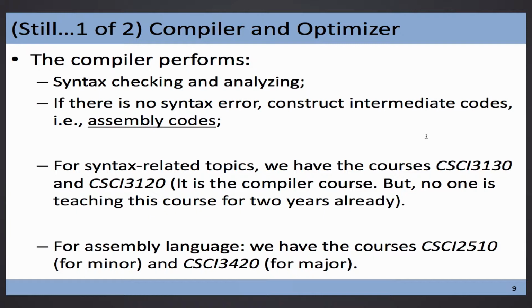It's a joke, not a joke for me. You have to take a minor course which teaches you assembly language, and that minor course contains even more stuff than our major course. 3420 covers our assembly language, because the minor course is copying one of the courses which has been deleted, called 2420.